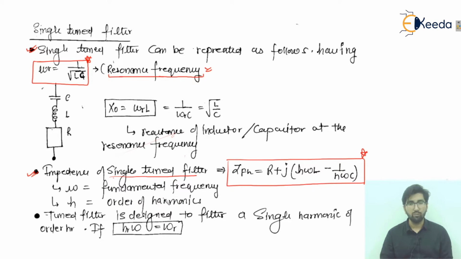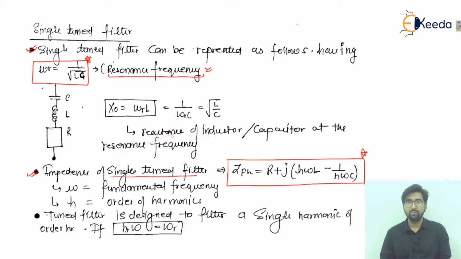Let us suppose we take the 11th harmonic, then H is going to be 11, so we write 11 omega L minus 1 upon 11 omega C. If we take 23 for the 12 pulse converter, then we multiply 23 omega L minus 1 upon 23 omega C.